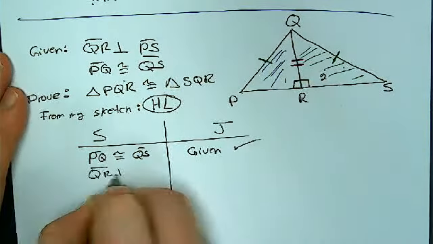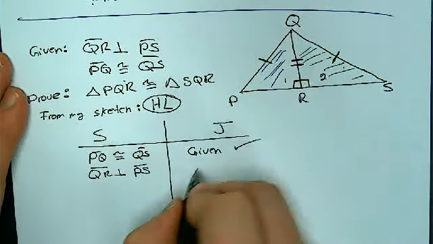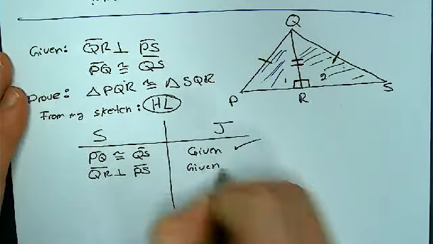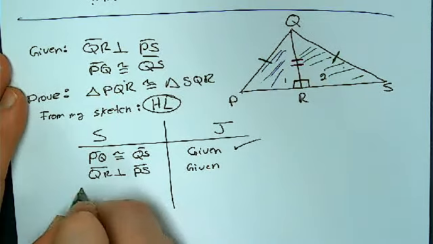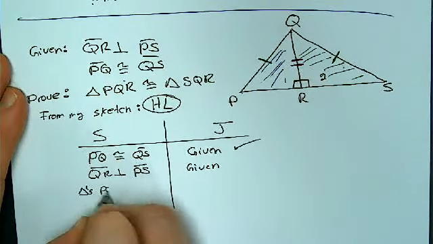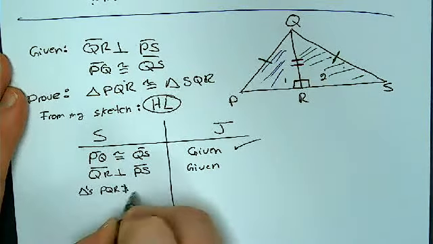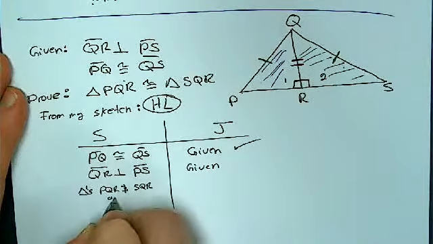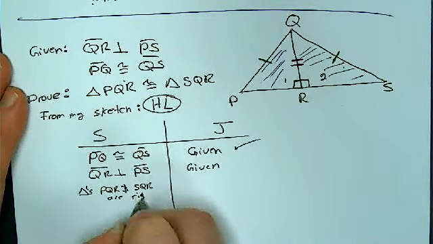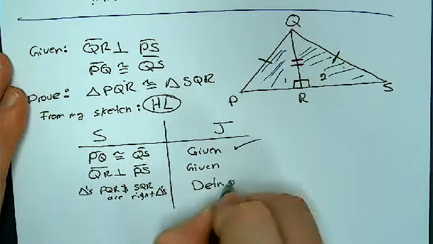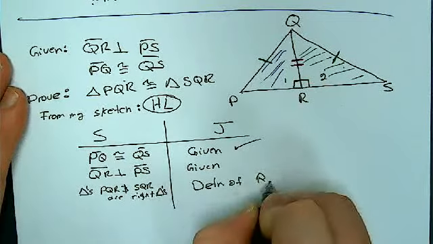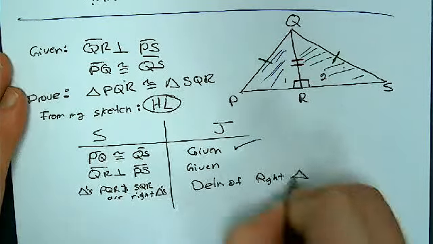QR is perpendicular to PS. That's also a given. And that means I've got triangles PQR and SQR are right triangles. Definition of right triangle.